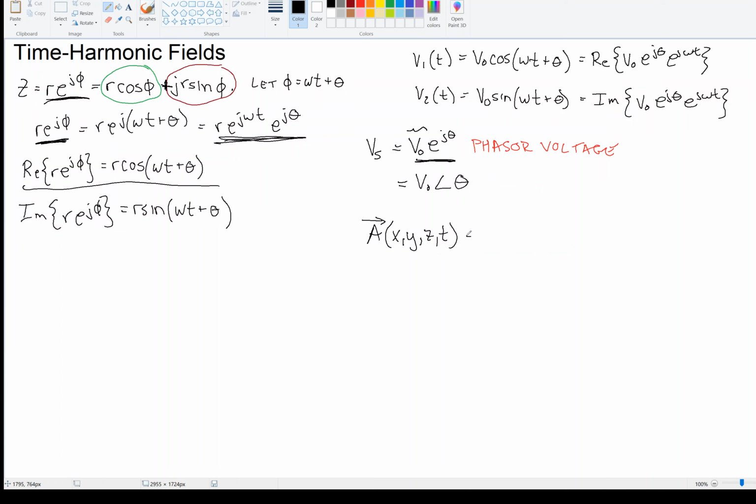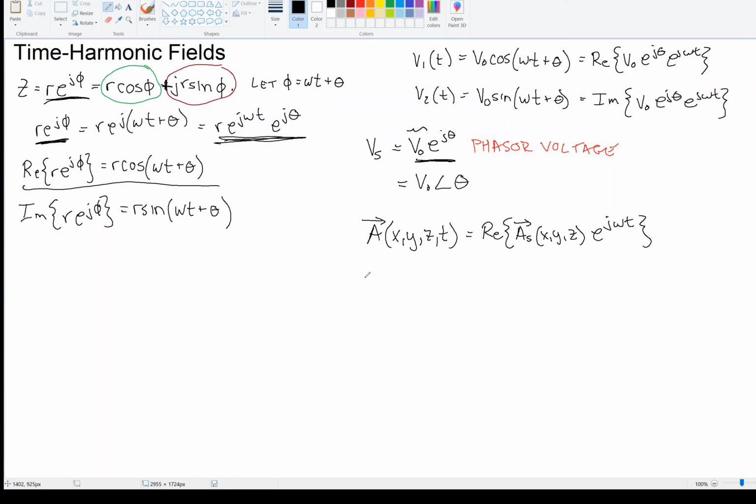If it's a time-harmonic field, we can write A sub s, which is not dependent on time, and factor out the time dependence like this. So we can write any time-harmonic field as the real part of this phasor times e to the j omega t.